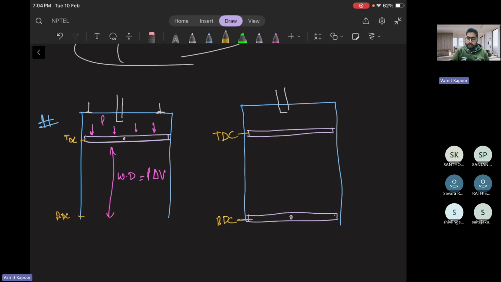When the suction stroke is happening, the air fuel mixture is getting sucked inside the cylinder. So the particles are very far away spaced.